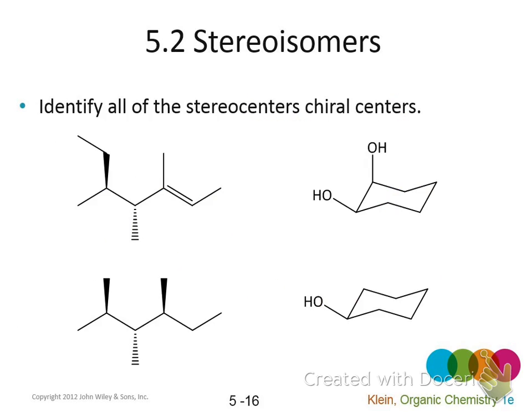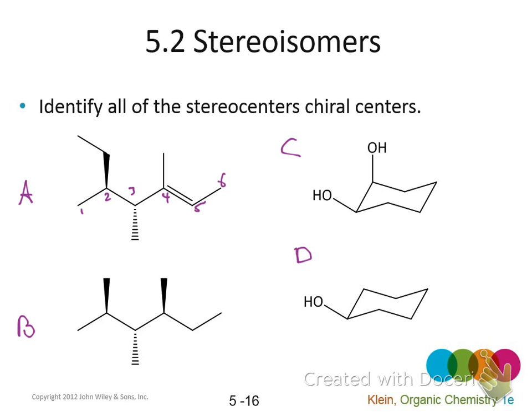All right, so let's identify all the stereocenters and chiral centers in these molecules. Let's start with this one. I'm going to start with labeling these A, B, C, and D. I'm going to number 1, 2, 3, 4, 5, and 6.